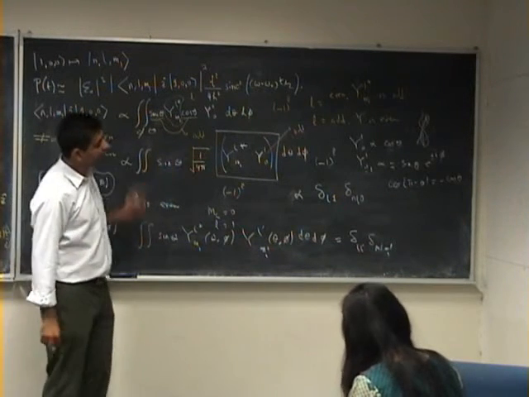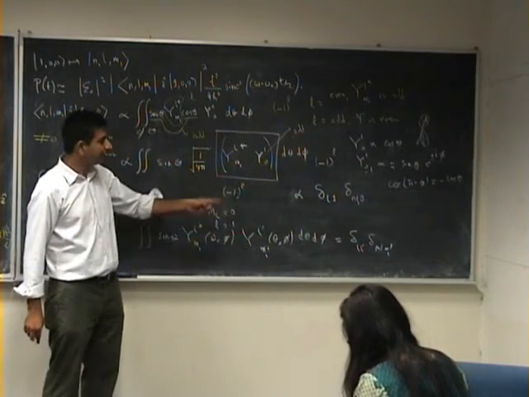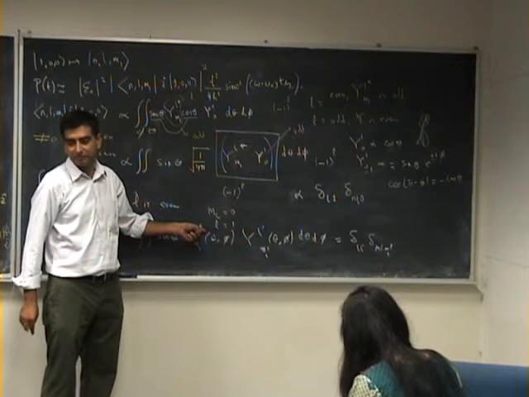So this function on a whole will be equal to this, and this will be non-zero only when l equals 1 and ml equals 0.